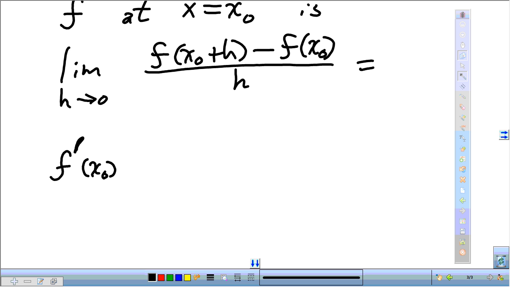And so one way is a prime symbol. So f prime of x0 sometimes is the way it's phrased, represents this limit, which is the derivative of f at x0.